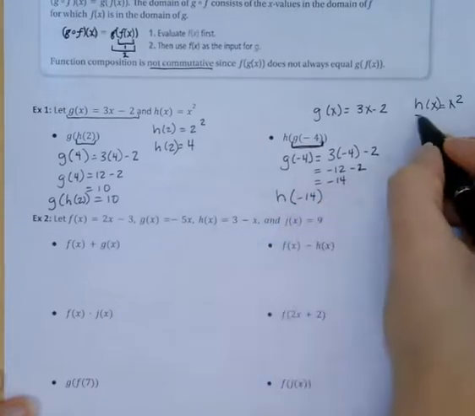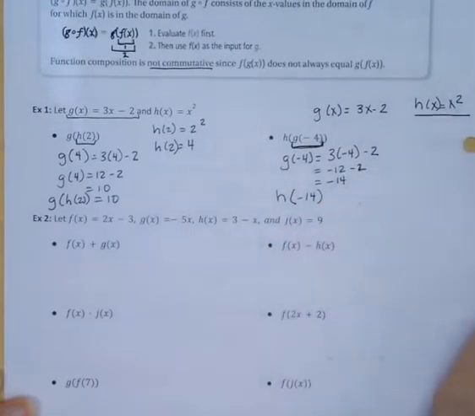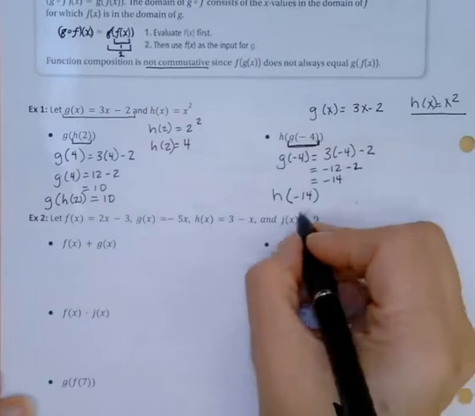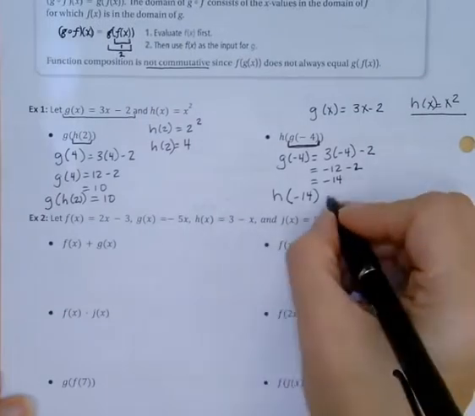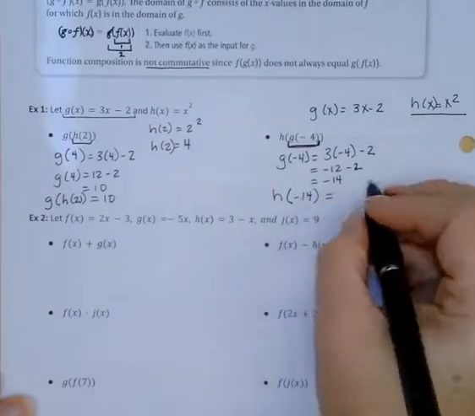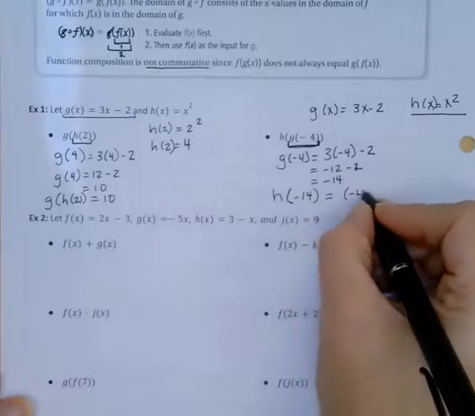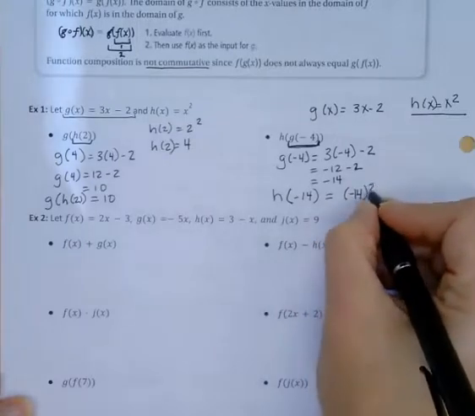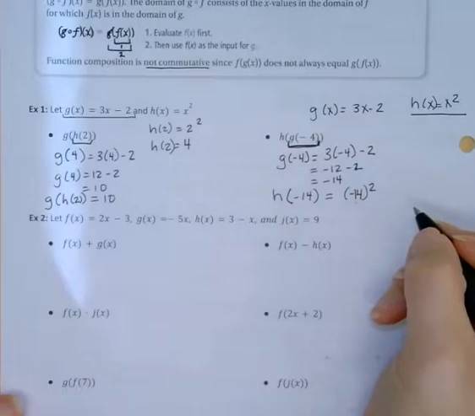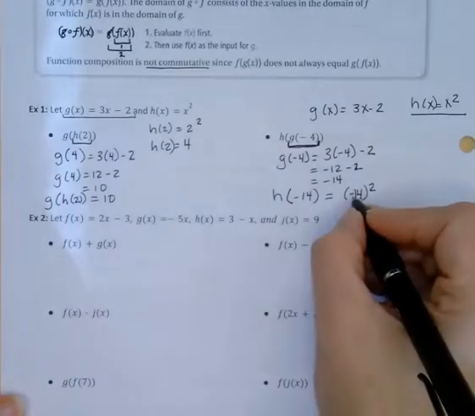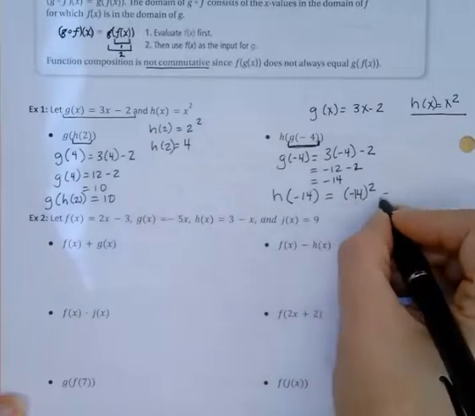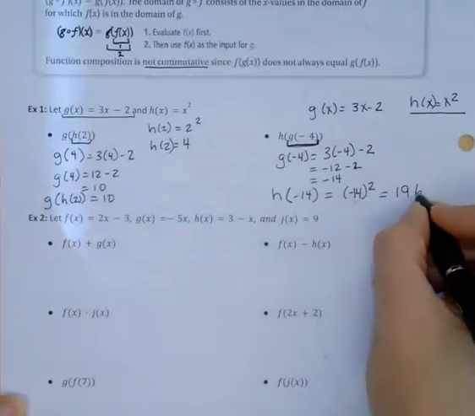I know from my original equation, h of x equals x squared, so whatever my input is, I'm going to square it. So I know the h of negative 14 is equal to negative 14 squared. All right, and 14 times 14 is 196. Negative times negative is positive, so my positive answer is 196, right?